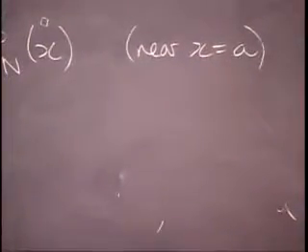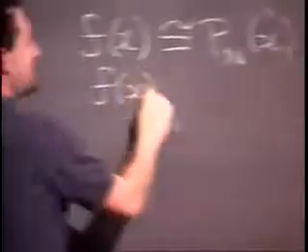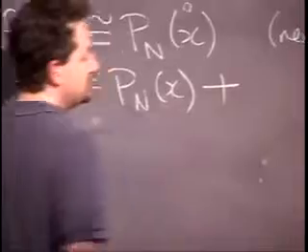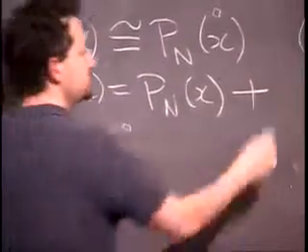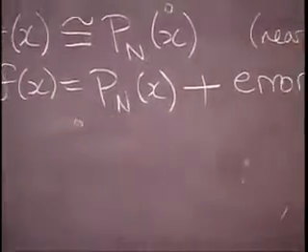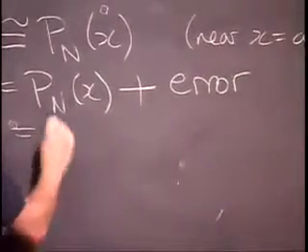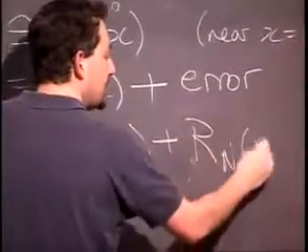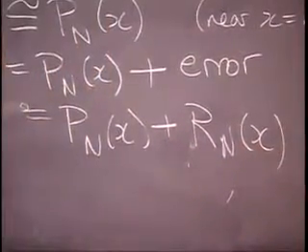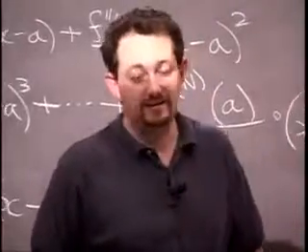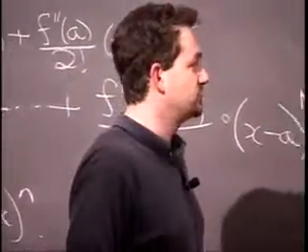So what I'd like to do is write down f of x equals Pn of x plus a little bit, plus an error. But I better call the error something, and it's clearly depending on n. So I'm going to call this error Rn of x. And I say error, sometimes it's called remainder. It's what's left over after you take away the Pn. That's why it's an R and not an E. So R stands for remainder.